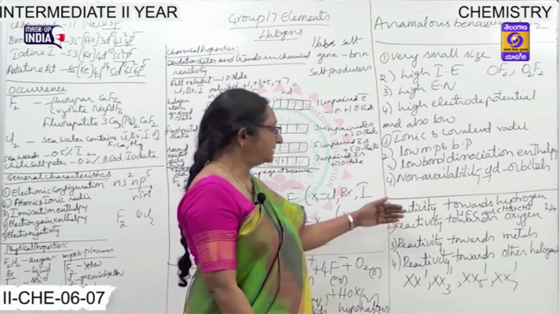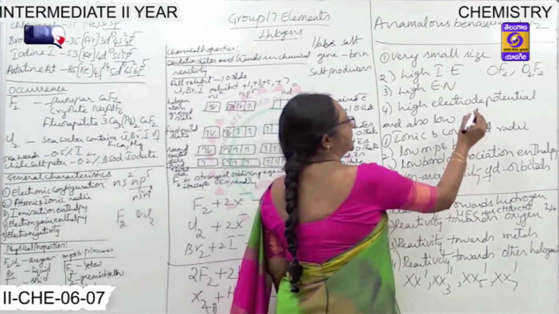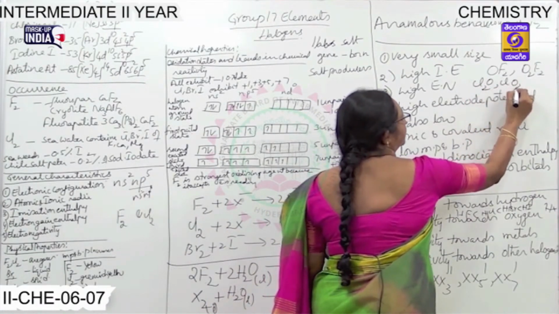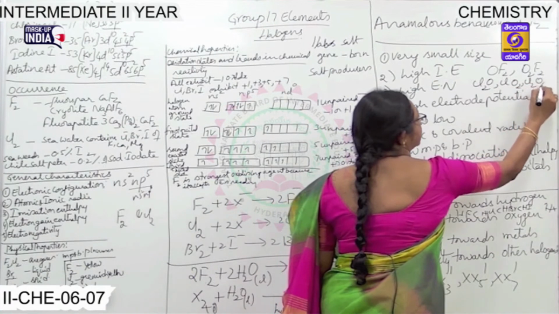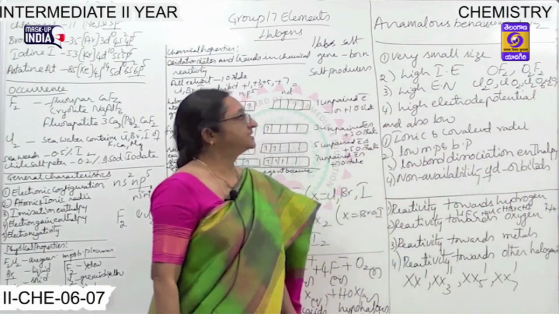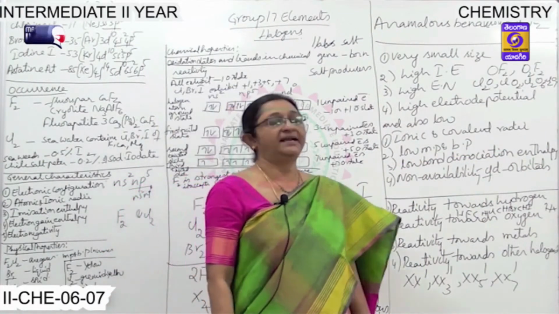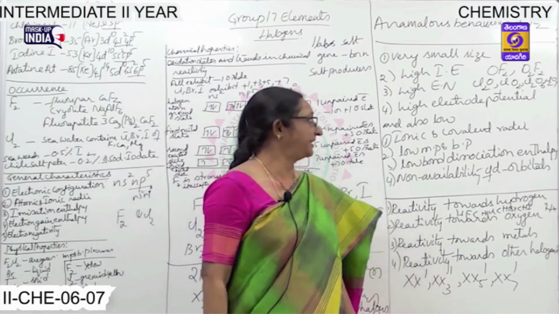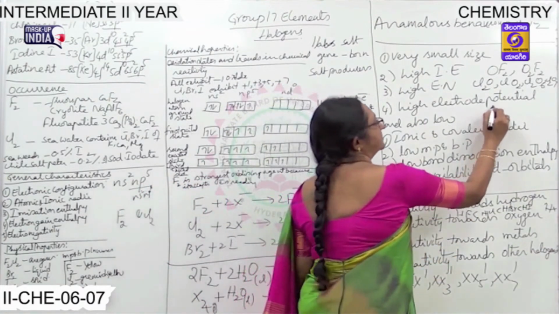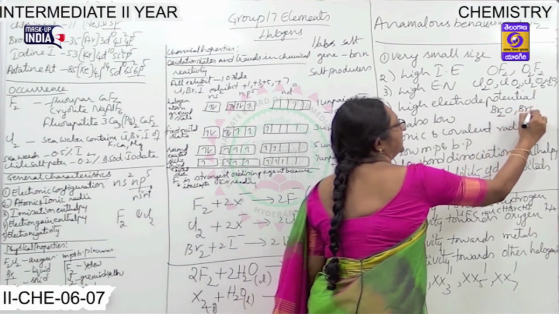Whereas other elements like chlorine can form the oxides of type Cl2O, ClO2, Cl2O6, Cl2O7. Among these, Cl2O, that is dichlorine oxide, is a strong bleaching agent. Then bromine also can form oxides like Br2O and BrO3, etc.